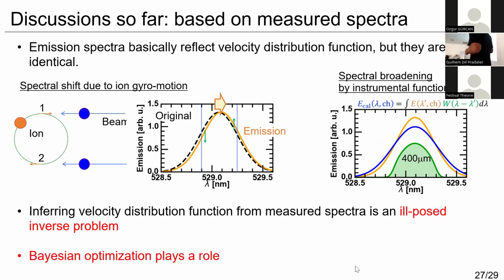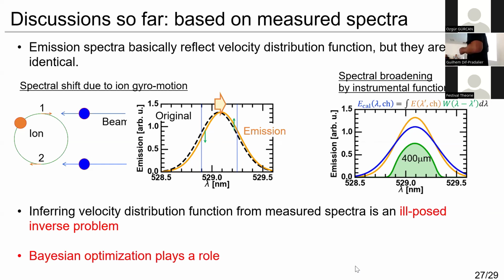So inferring the velocity distribution function from measured spectra is kind of an inverse problem. Direct conversion from the spectra to the velocity distribution function is quite challenging, especially considering that the velocity distribution function is not Maxwellian.